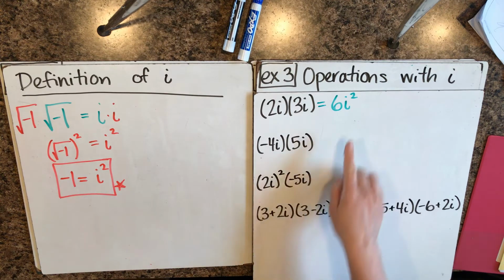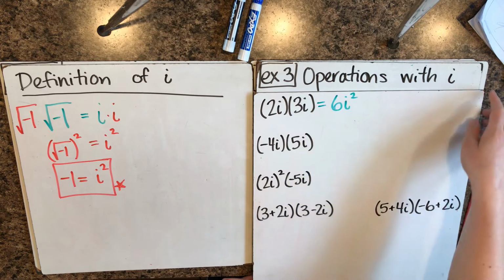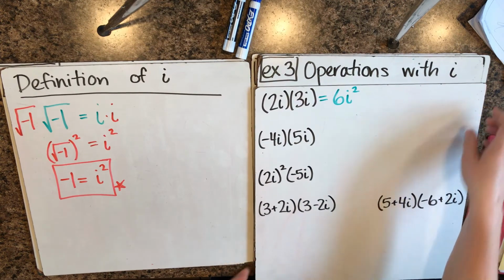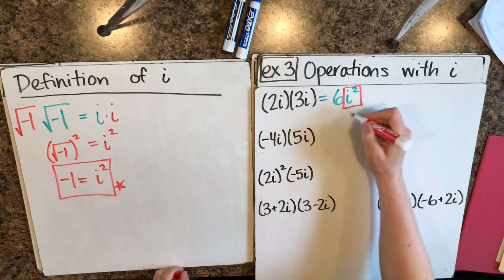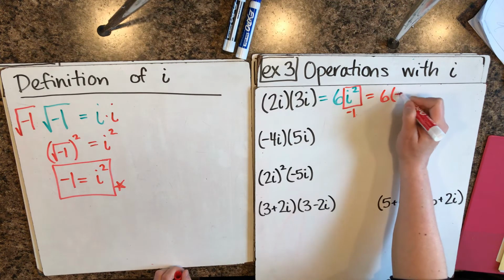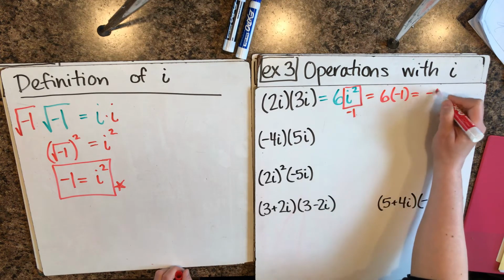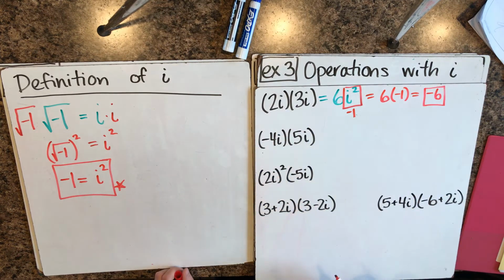Okay, so what that means is we can't just leave the i squared here. Instead, anytime you see i squared, you just have to know that really means negative 1. So this problem really says 6 times negative 1. In other words, the answer to 2i times 3i is negative 6.